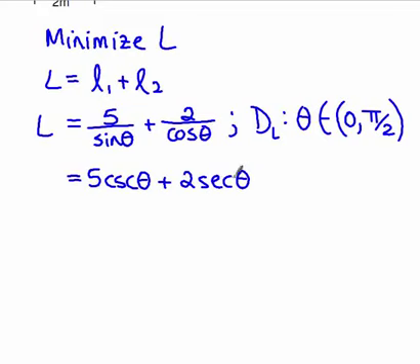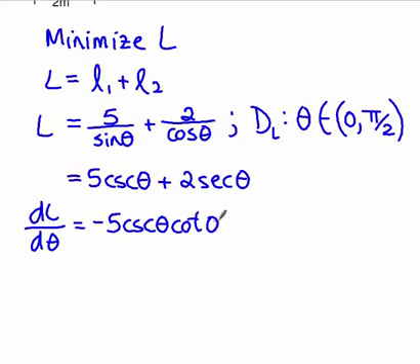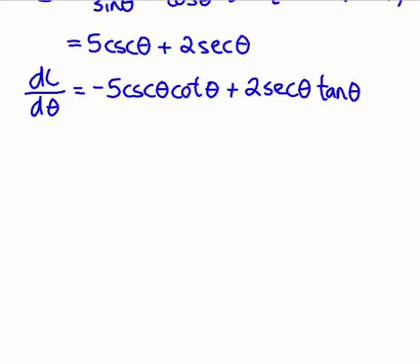Now I can go ahead and take the derivative dL d theta, and that's going to be a pretty straightforward derivative. This is going to be minus 5 cosecant theta cotangent theta. This is going to be 2 secant theta tangent theta. And I eventually need to set that equal to 0, find out where it doesn't exist, and solve it.